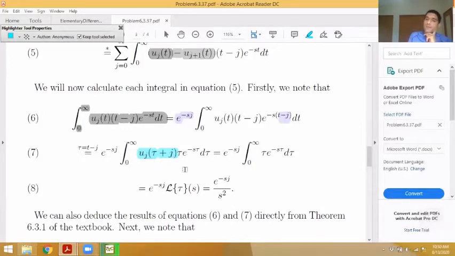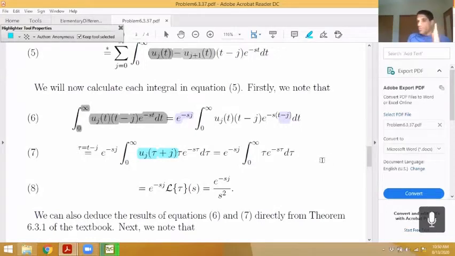But thankfully, it just goes away, right? Uj of tau plus j is always equal to 1 because tau starts at 0 and goes to infinity in this integral. And that's why it just disappeared here on the next line.